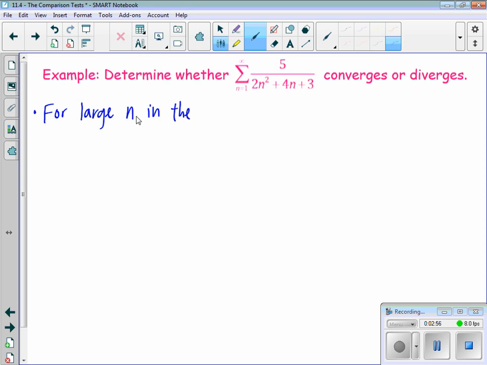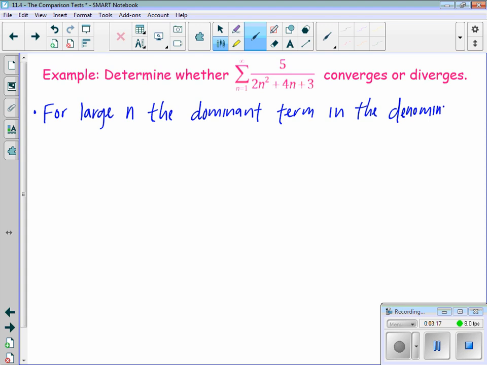So for large n, let me write this how I have it written so I don't confuse myself. The dominant term in the denominator is 2n squared.